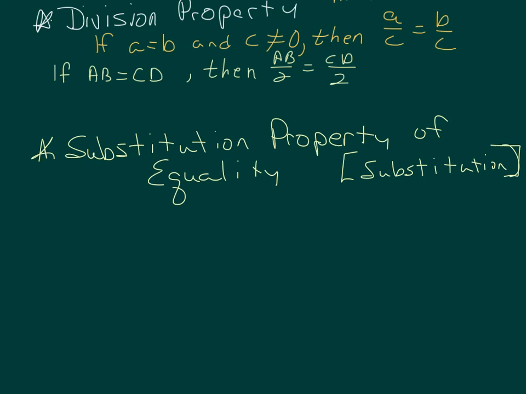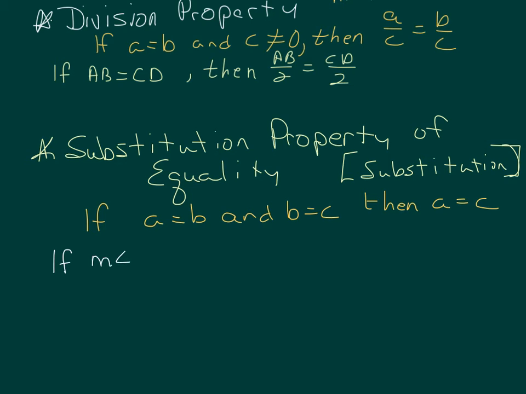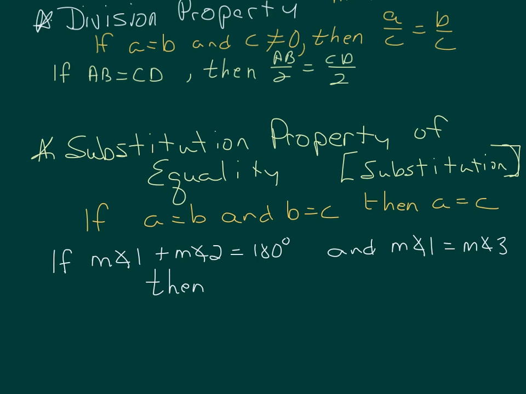But an example algebraically is if A equals B and B equals C, then we can say that A equals C. So a geometric example, if the measure of angle 1 plus the measure of angle 2 equals 180 degrees, and the measure of angle 1 equals the measure of angle 3, then we can say that the measure of angle 3 plus the measure of angle 2 equals 180 degrees.